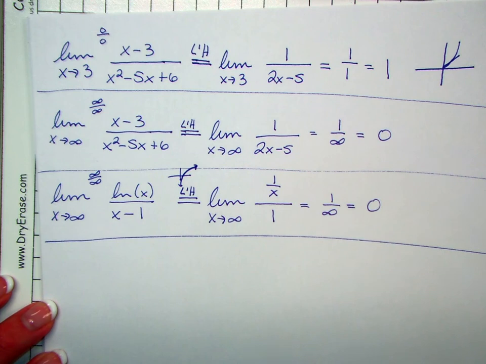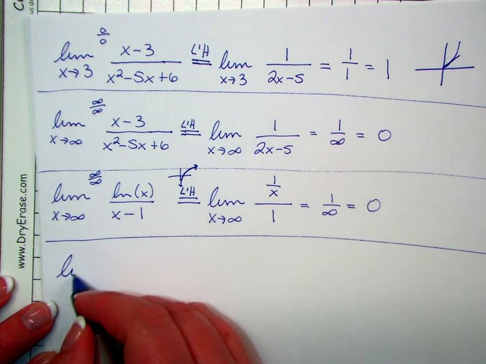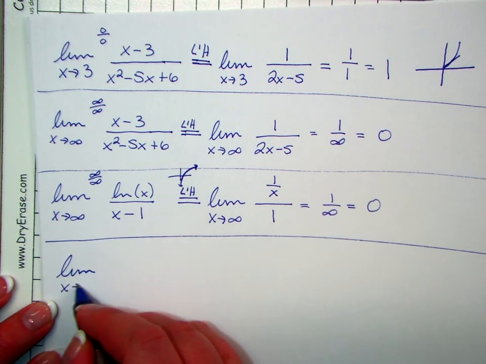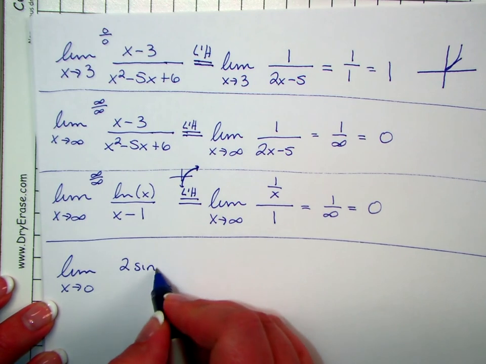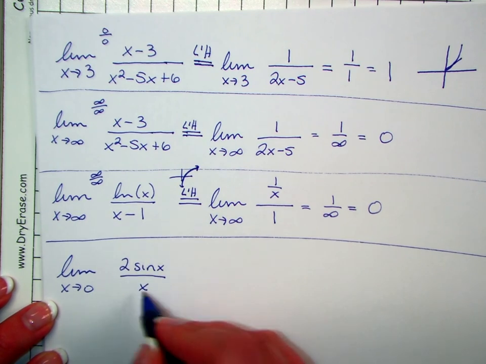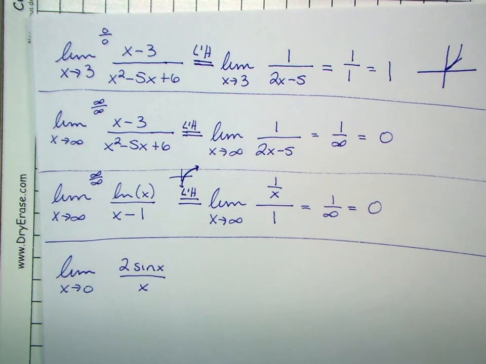All right, let's go ahead and do the limit as x heads to 0 of 2 sine x over x. All right, so is this indeterminate?